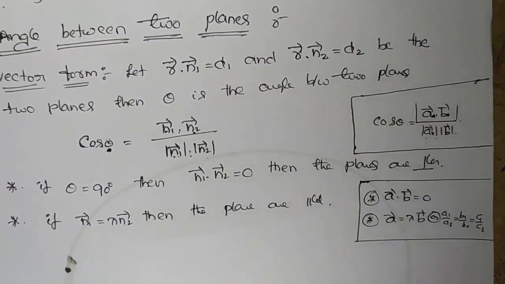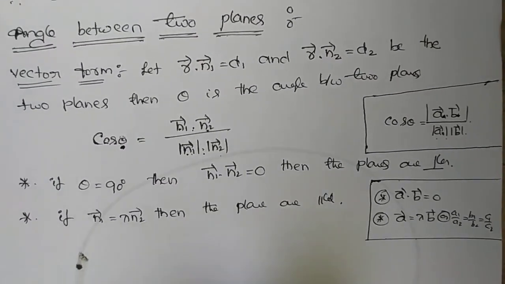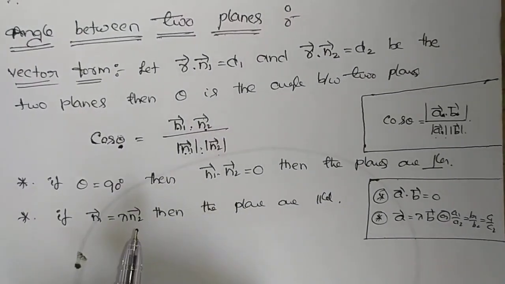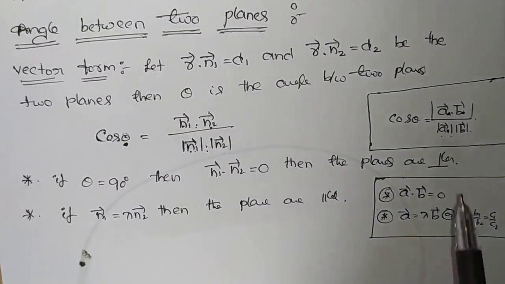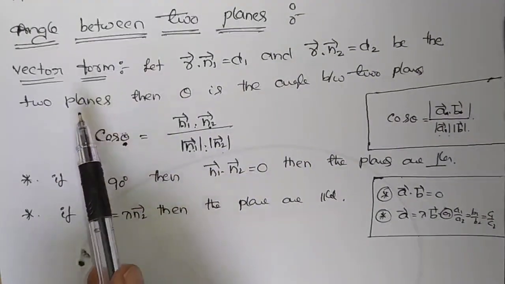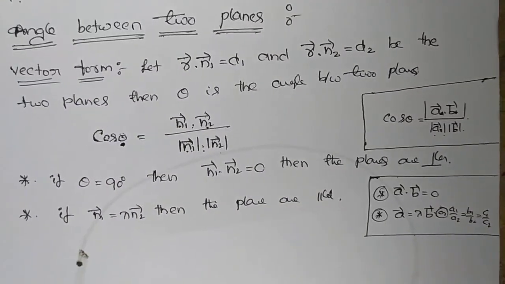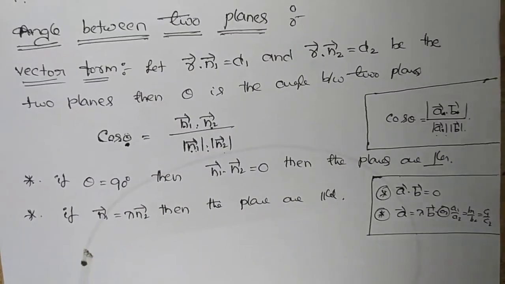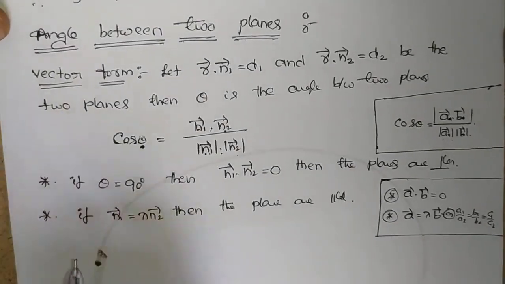These things we have already learned in vector algebra. Kindly do not get confused. Here the concept belongs to the angle between two planes, not lines, not vectors. Hence this is the vector form.